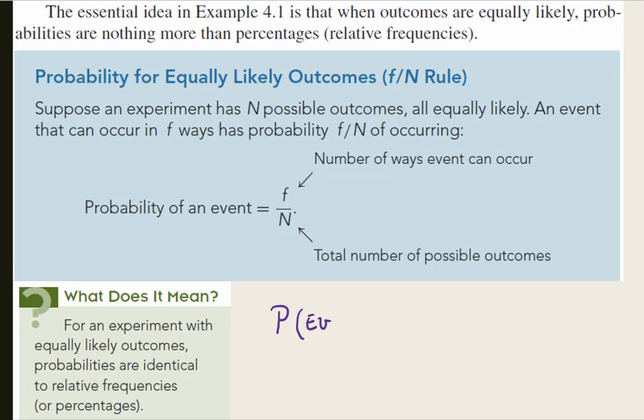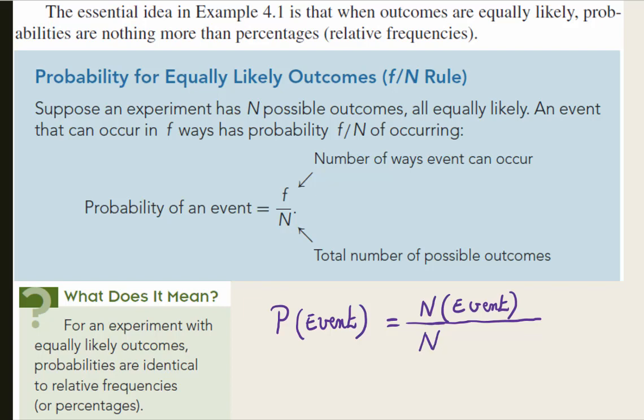And the total number of possible outcomes is the NS, which is the number of events in the sample space, the total number of observations in the sample space.